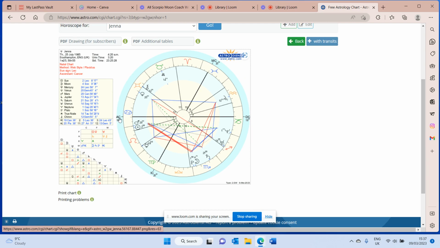So this AC mark here, this is the ascendant. This is the moment the sun was rising on the day that you were born. So as the sun was rising, it fell into the zodiac sign of Cancer, and this is why it's known as the rising sign, because this line across here is essentially like the horizon.